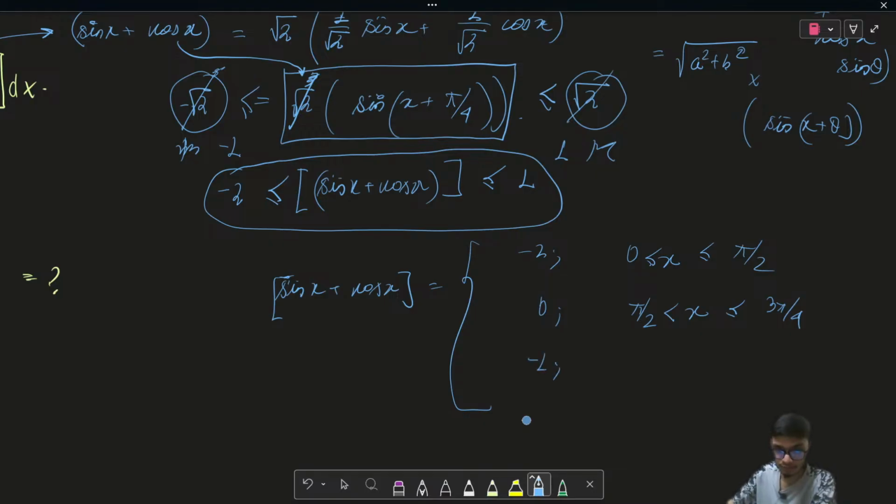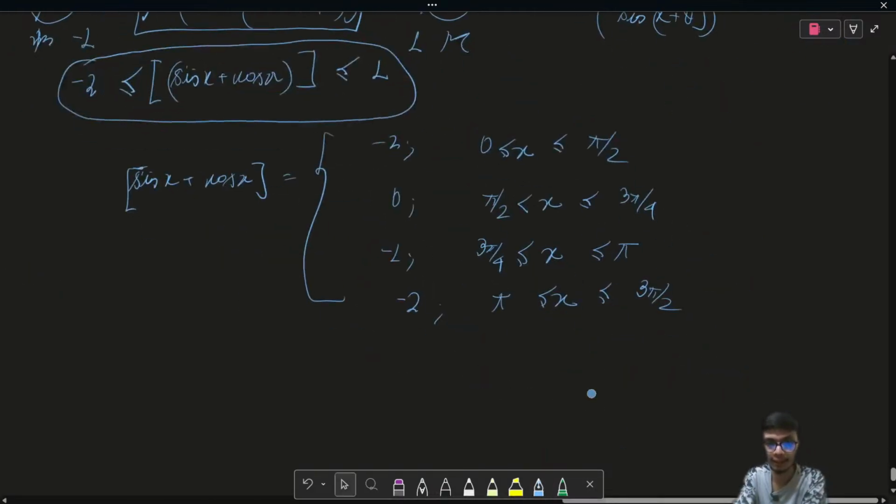And it is equal to minus 1 when x is between 3 pi by 4 and pi, and it is equal to minus 2 when x is between pi to 3 pi by 2, right?